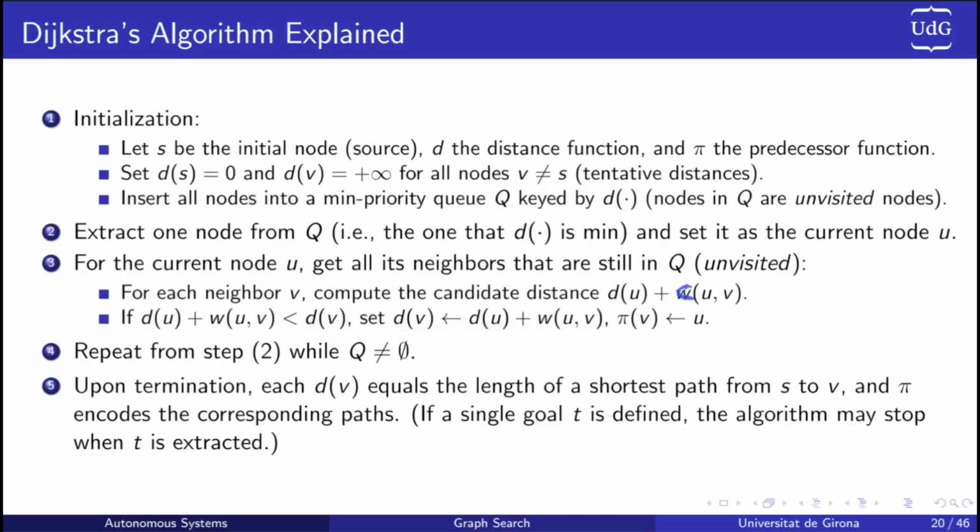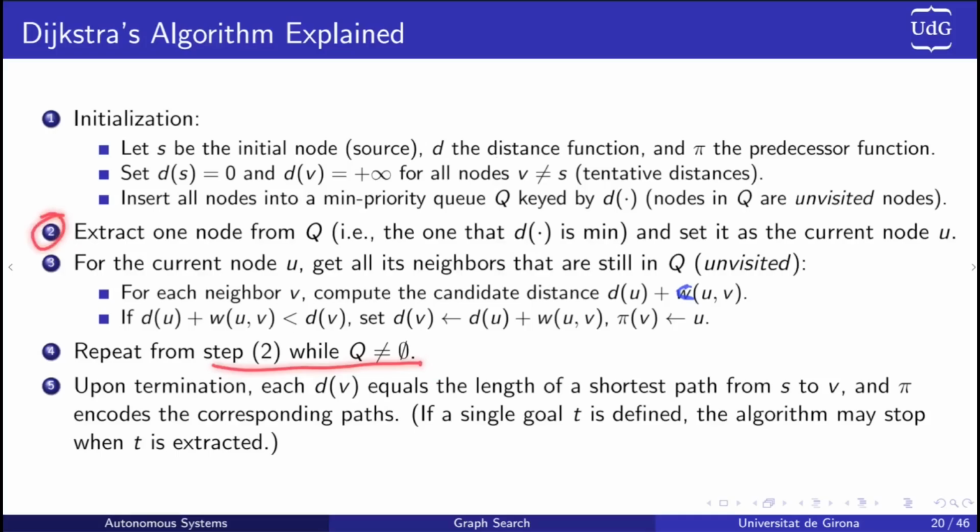Update the cost of reaching neighbor B, but we also update that we are going to reach neighbor B from U. Okay, we are just updating. Remember that B is a node that is inside Q, and we can access its memory and change whatever parameters, since we don't remove it from Q. And then when we have done that, we repeat from 2.